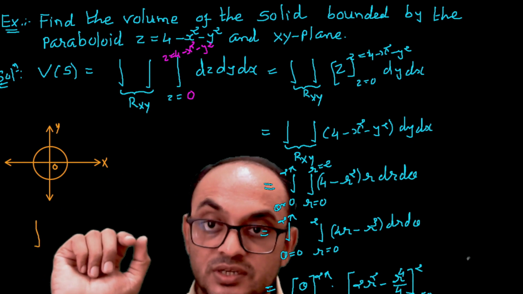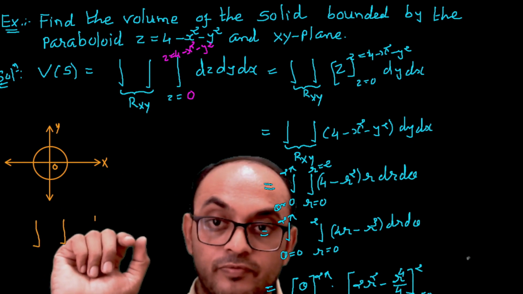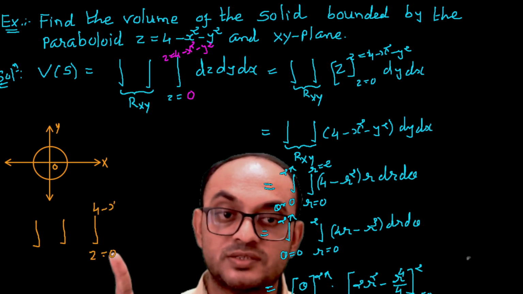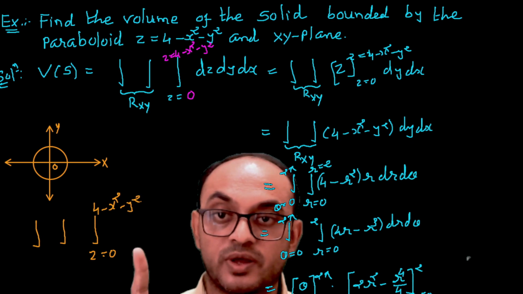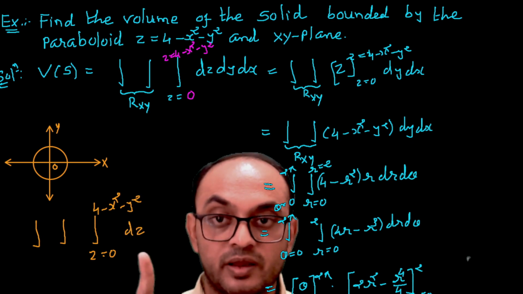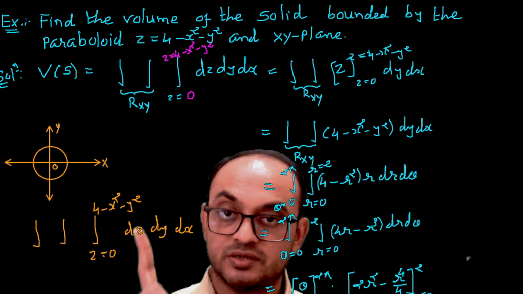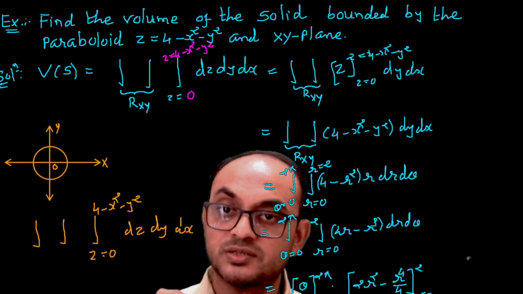So in this integration I am writing the limit z equal to 0 to 4 minus x square minus y square. There is no change, because we have already mentioned how to write the z limit, 0 to 4 minus x square minus y square.